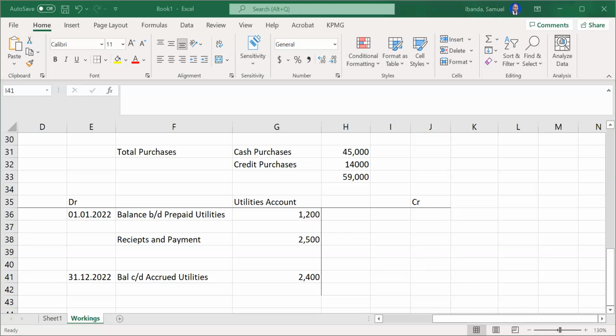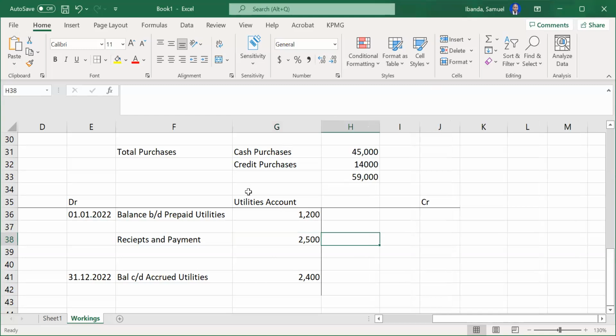Now, remember, this is a general utilities account. These utilities relate to both. Okay. After you've input all details to do with utilities, the same way you do is come and balance off. Before we balance off, you just ask yourself, what will appear on the credit side?